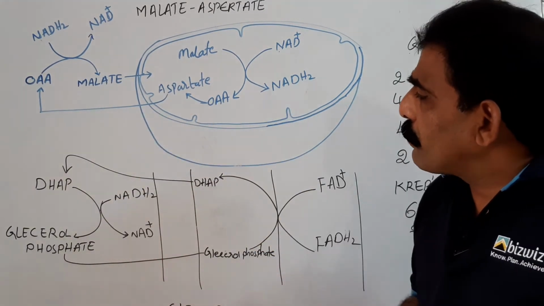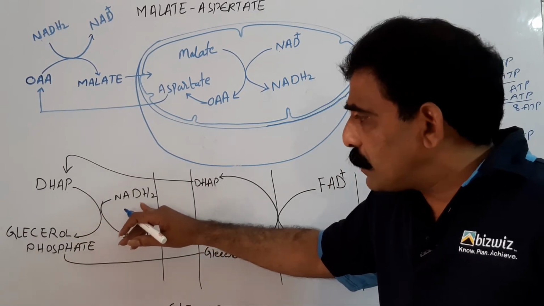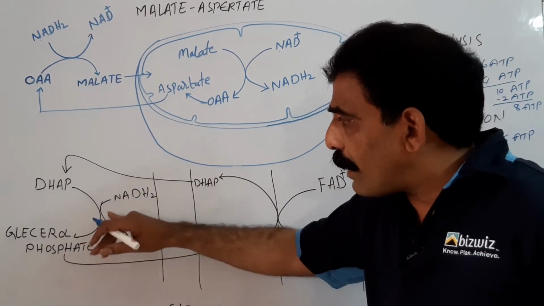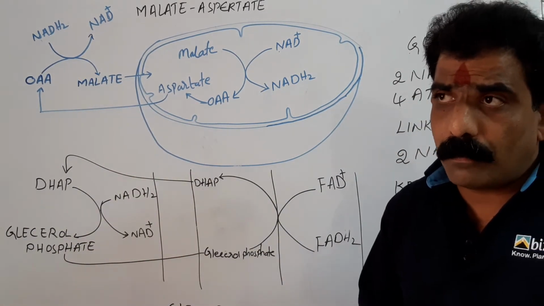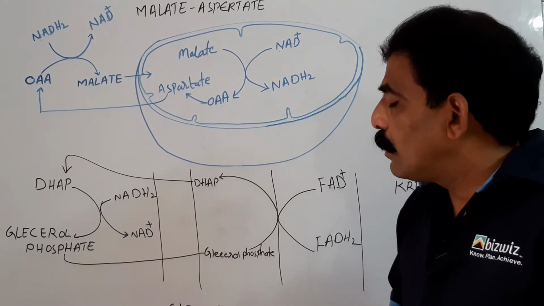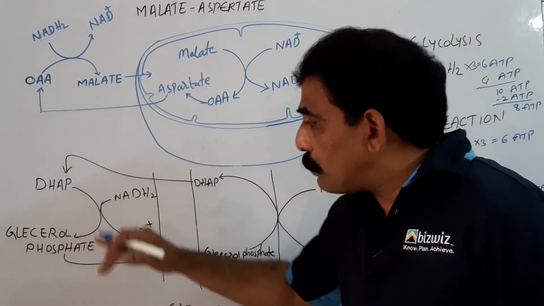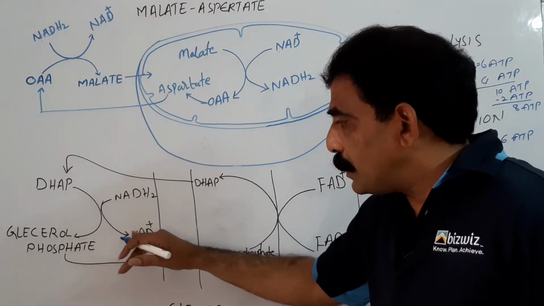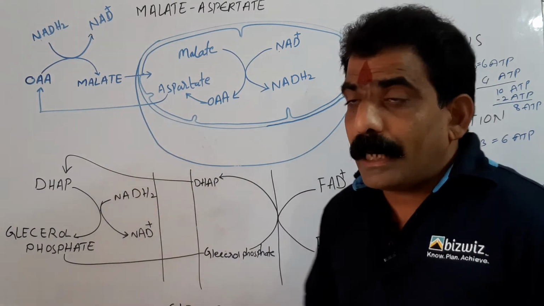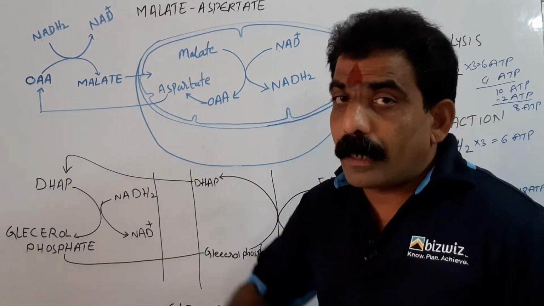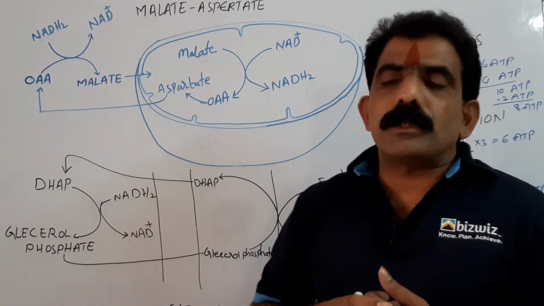Here, NADH2 transfers its reducing equivalents to DHAP, dihydroxyacetone phosphate, which is a triose phosphate. By transferring the reducing equivalents to DHAP, NADH2 is oxidized to NAD+. Due to the transfer of reducing equivalents, dihydroxyacetone phosphate is reduced to glycerol phosphate.